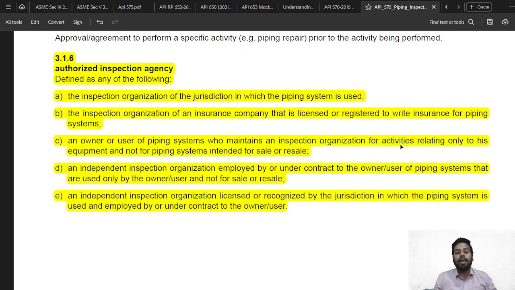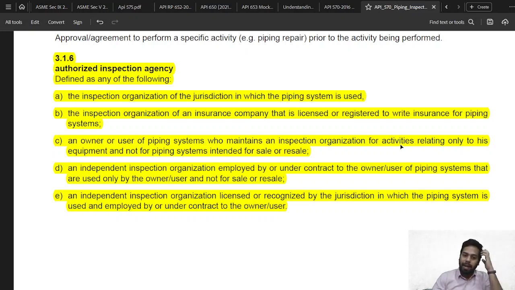So, an independent inspection organization employed by or under contract to the owner or user of the piping system, and not intended for sale or resale. A simple example of this is shutdown projects. If you have a shutdown in a company and you are calling another company to bring their shutdown employees, then the other company which you hire for your inspection is going to be an authorized inspection agency at point 4.